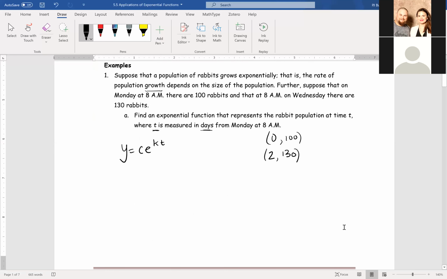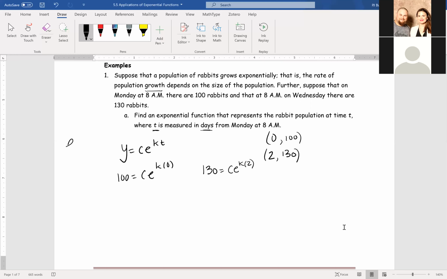So then we can substitute these values in. So 100 is equal to ce to the k times 0. And the other one is 130 equals ce to the k times 2. We can start back here because k times 0 is obviously 0.